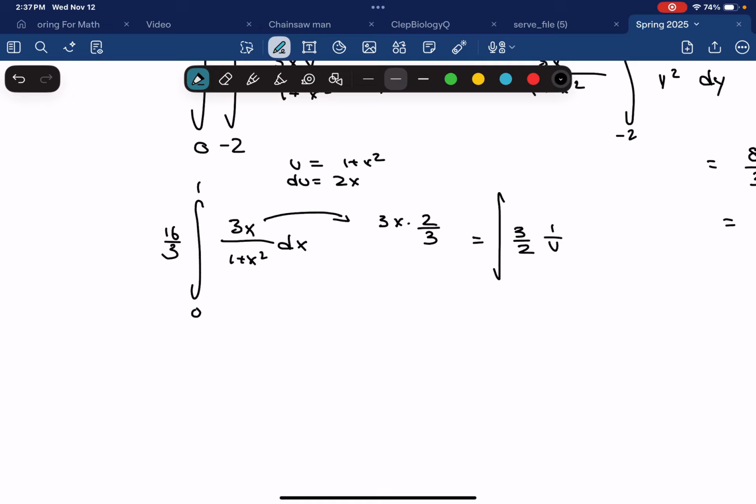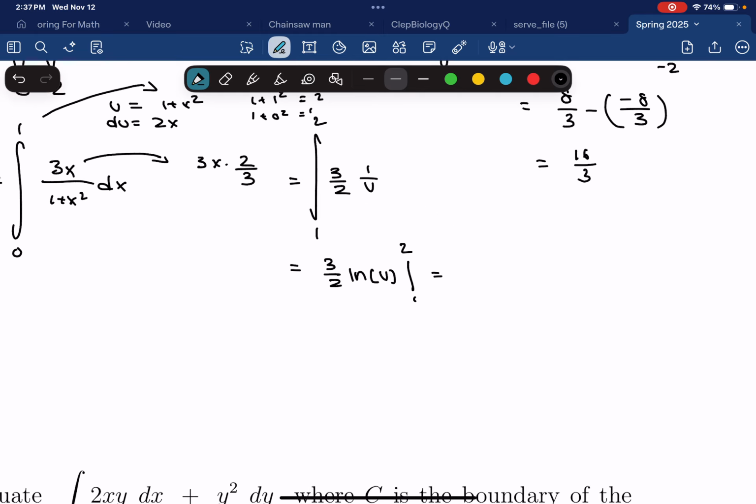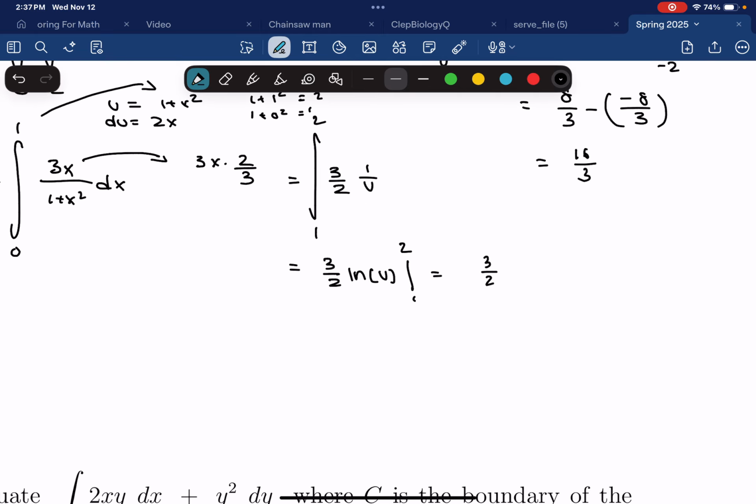The bounds would be 1 plus 1 squared is equal to 2, and 1 plus 0 squared is equal to 1. When we integrate this, we get 3 over 2 natural log of u from 1 to 2, which gets you 3 over 2 times natural log of 2 minus natural log of 1. Natural log of 1 equals 0, so we don't keep that.